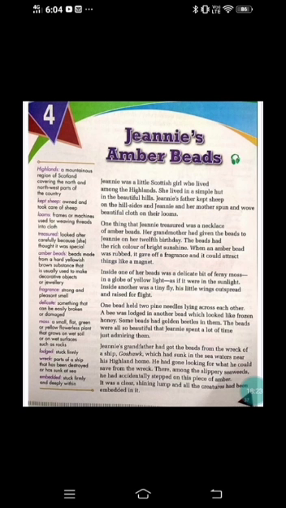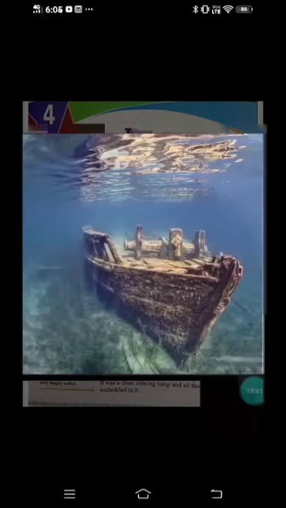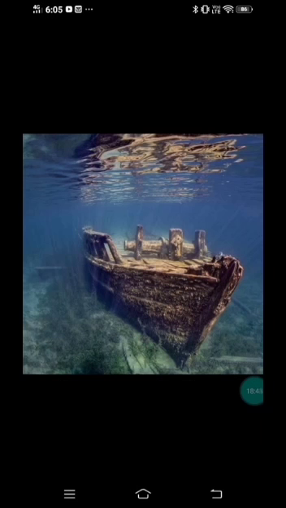Here, Jenny's grandfather got the beads from the wreck of a ship, and the ship's name is Goshak. Wreck means, you can see the meaning here, parts of a ship that has been destroyed or has sunk at sea. You can see this picture. This is called the wreck of a ship, where the ship has been destroyed or has sunk at sea.